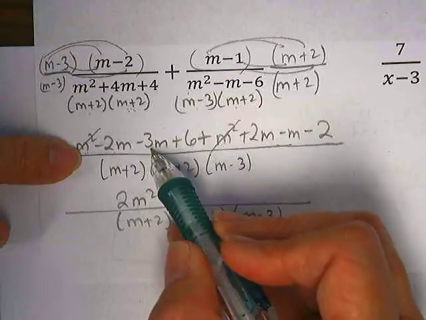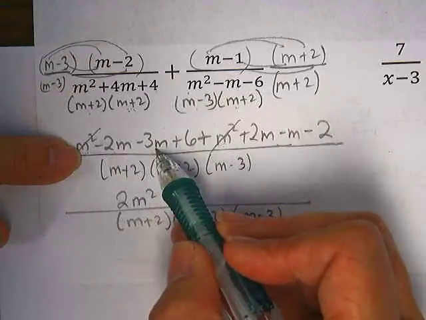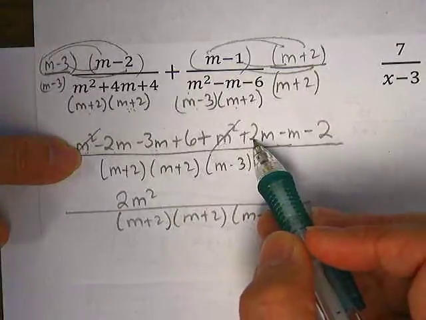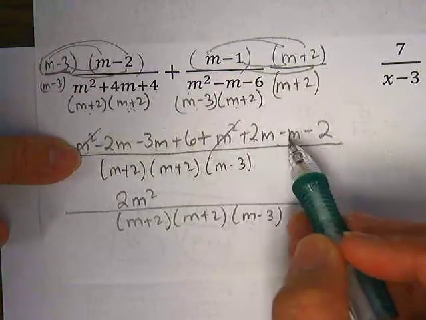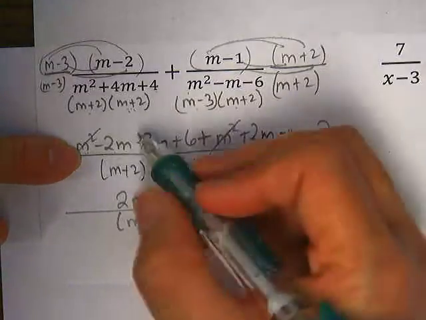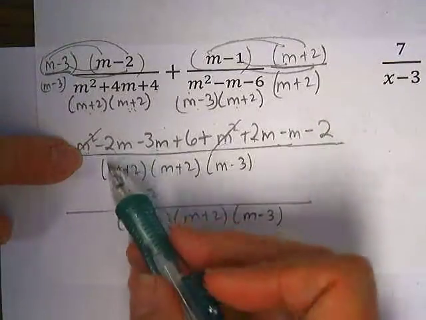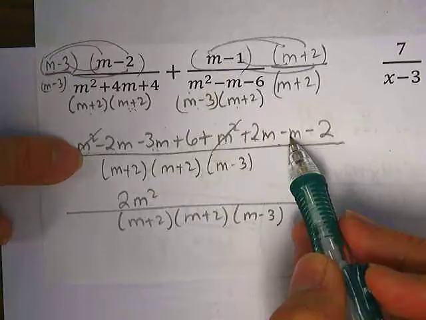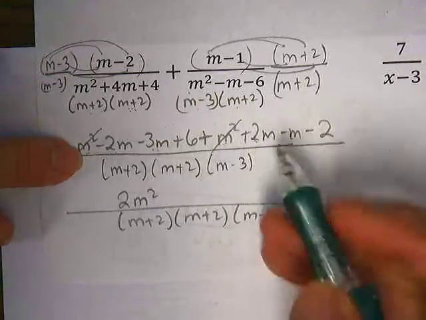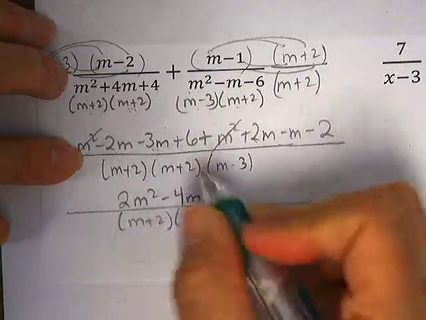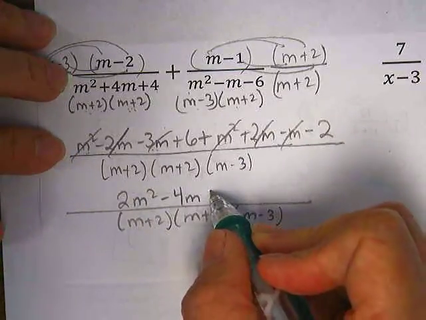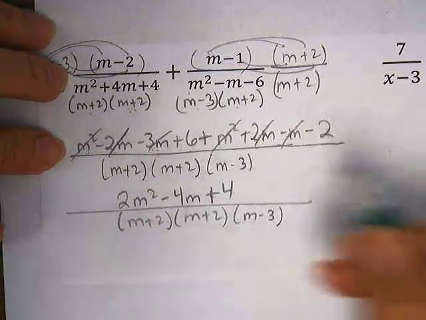Minus, or a negative 2m minus 3m, that gives me negative 5m, plus 2m, that gives me a negative 3m, and another negative m, negative 4m. So total of our negatives was we've got a negative 2, negative 3, and negative 1. That was a negative 6m plus 2 gives us a negative 4m. And 6 minus 2 is 4.